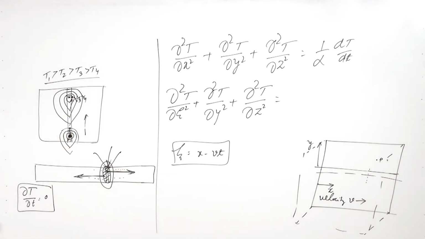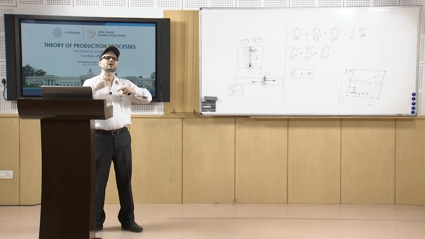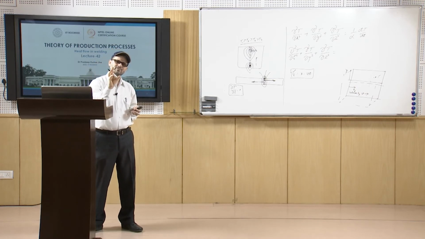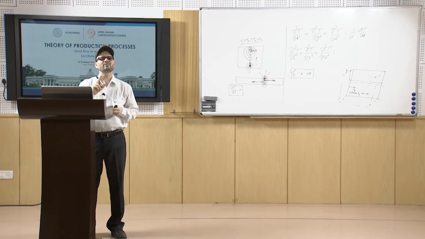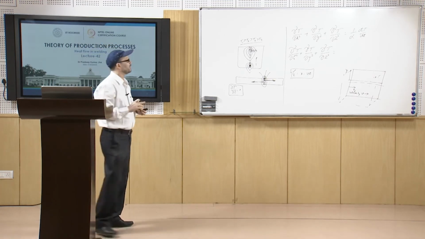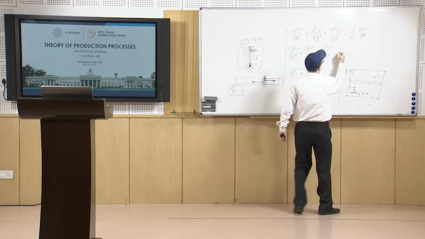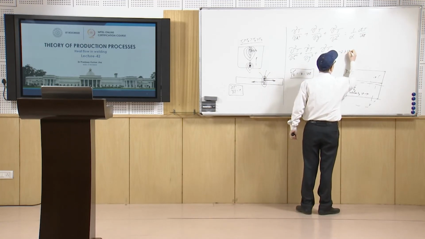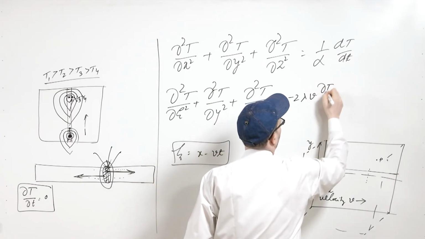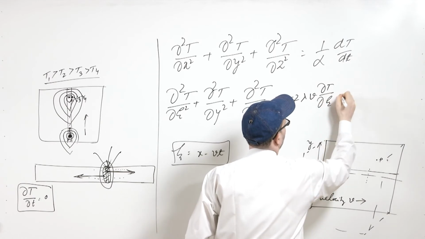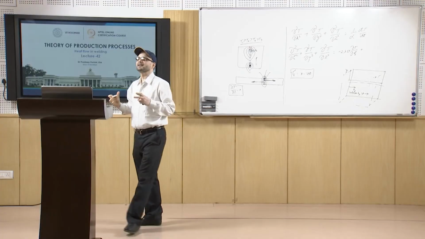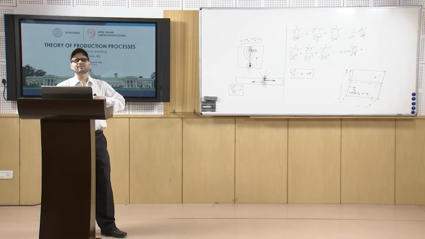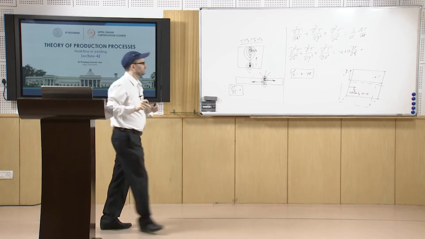On the right hand side you will have other terms that will be a function of alpha as well as v. So, the first term will be minus 2 lambda v into dou T by dou zeta, and the second term will be the transient term, 2 lambda into dou T by dou t.